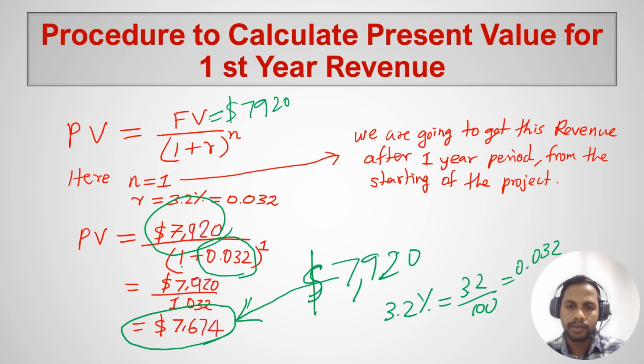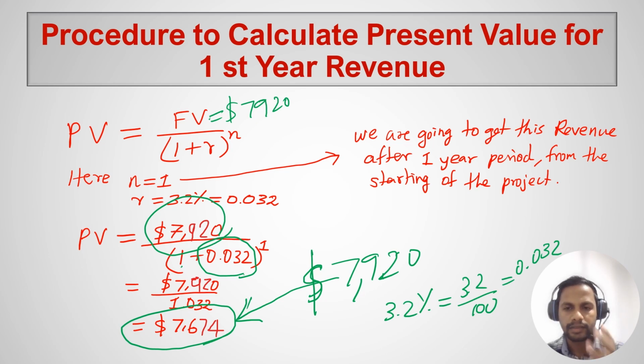If you are getting a loan, you have to pay that $200 to $300. So this is the present value of the first year revenue. It's very simple. I keep explaining because in books, other channels or any Google search, they teach the net present value technique like a difficult task.